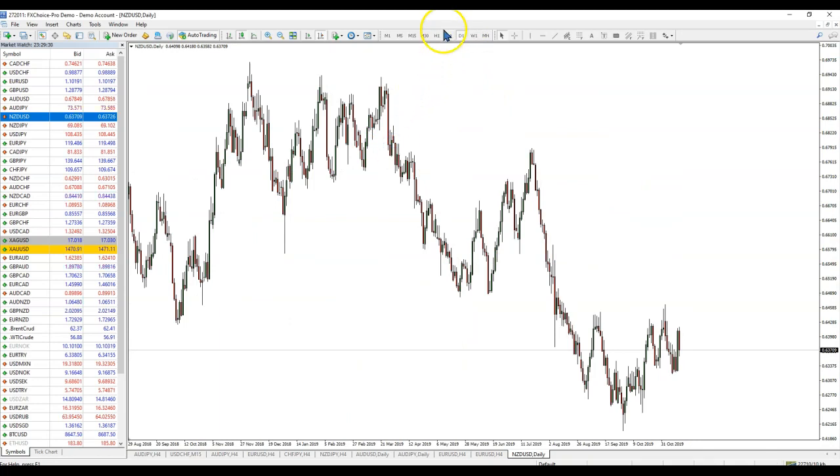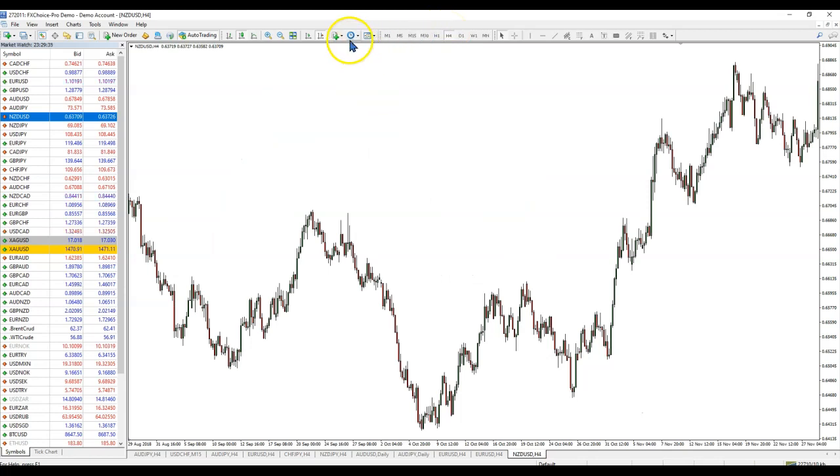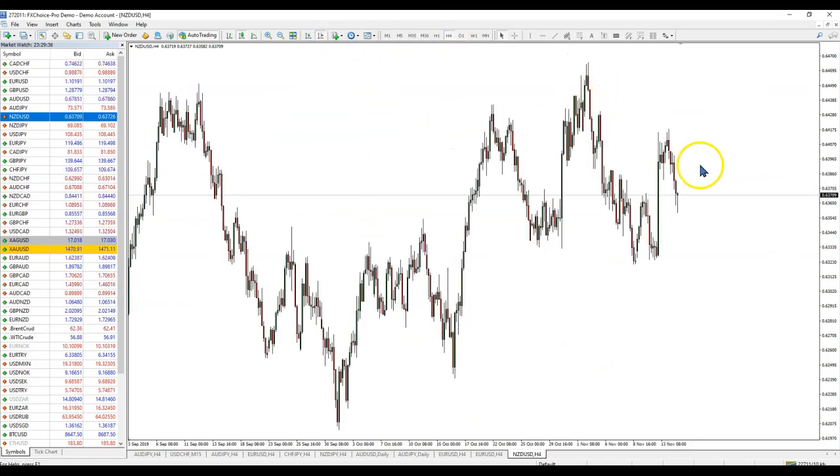On a higher time frame, let's see what we see. Maybe in a smaller amount of range, you might find something a little more steep.